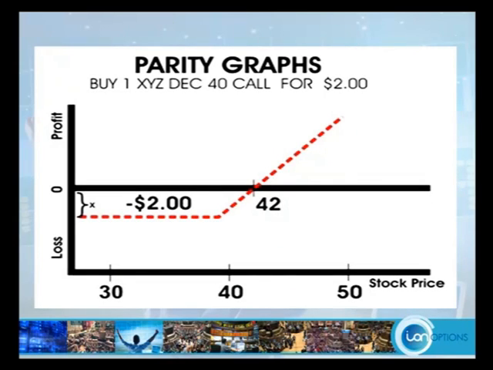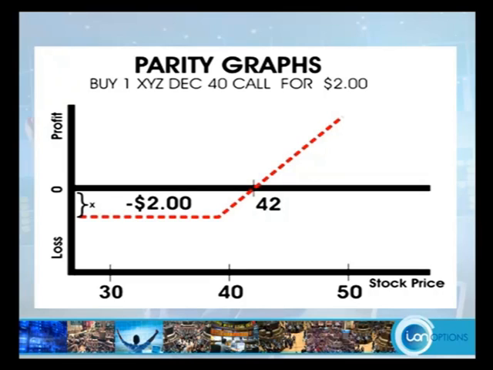So I threw some numbers together to give you a little example of the real numbers here. Here we're going to buy one XYZ December 40 call for $2. As you can see, we have our unlimited potential gain to the upper right. We have our limited potential loss to the lower left.